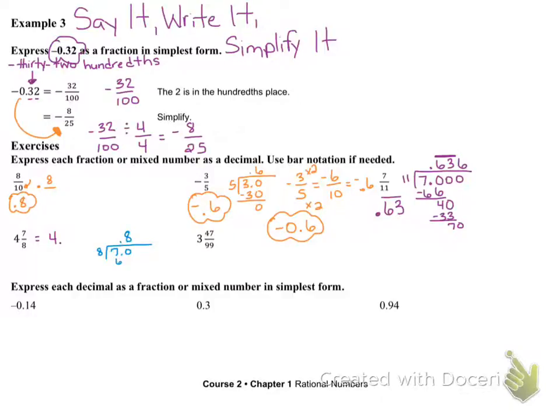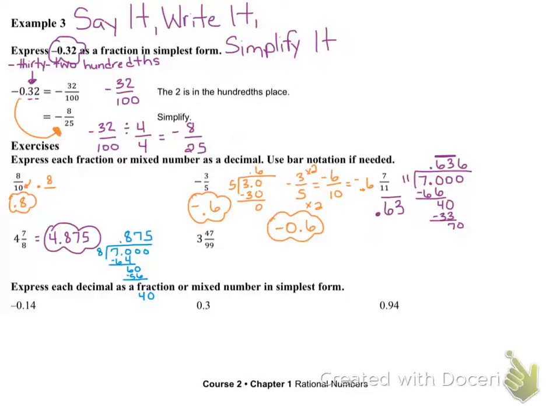And 8 times 8 is 64. Subtract. Drop a 0. 8 goes into 60 7 times. 7 times 8 is 56. Subtract. Ooh, ran out of room. Drop a 0. 8 goes into 40 5 times. 5 times 8 is 40, so it terminated. So it's going to be 4.875, or 4 and 875 thousandths.